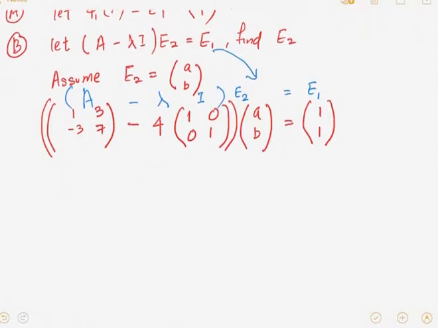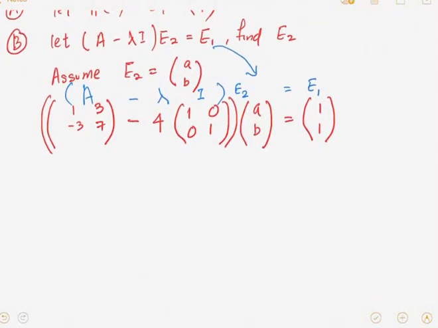Okay, then you solve this matrix equation. Now you have 1 minus 4 times 1, so you have 1 minus 4, and then negative 3 minus 4 times 0, so you have negative 3.